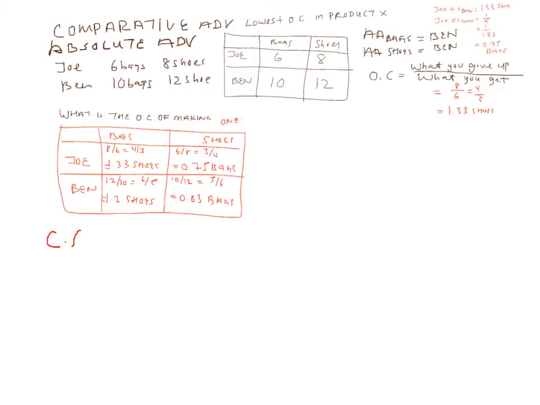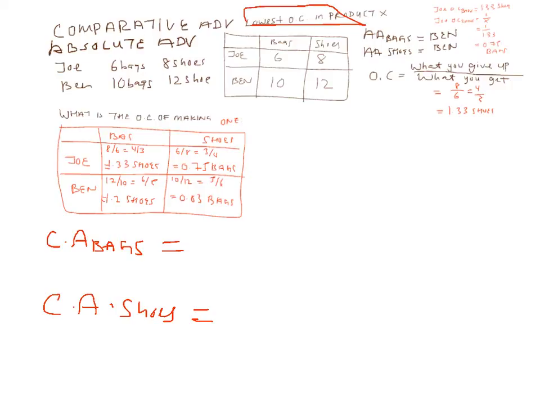And we simply calculate who has the comparative advantage in what. Who has the comparative advantage to produce bags, and who has the comparative advantage to produce shoes? Well, the person with the lowest opportunity cost has the comparative advantage. Look at the opportunity cost of making bags.